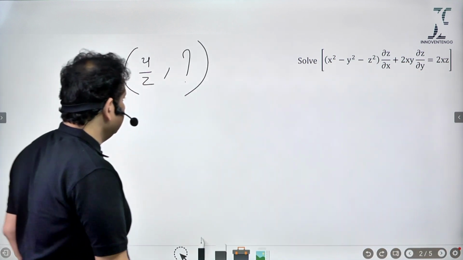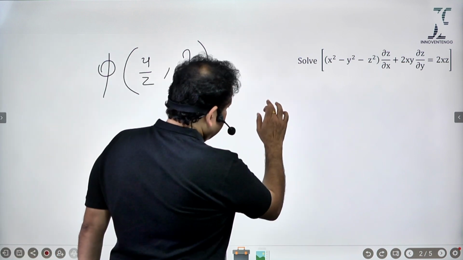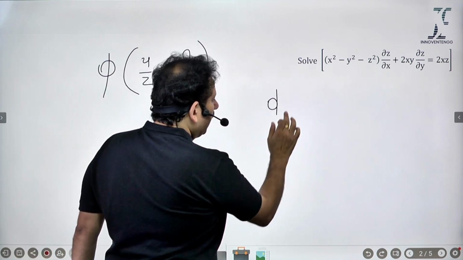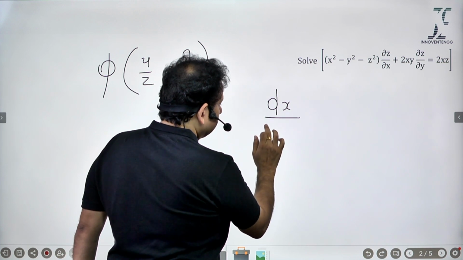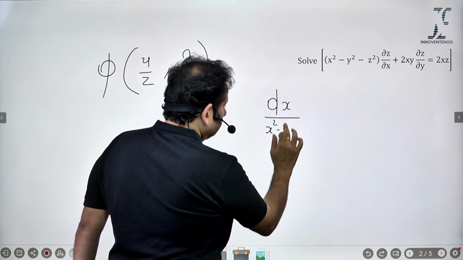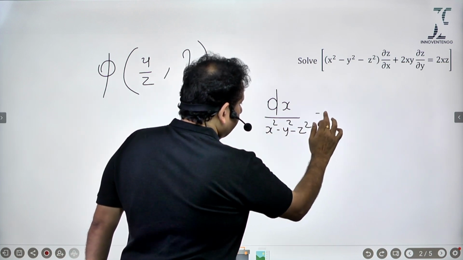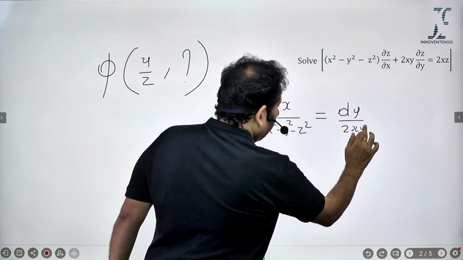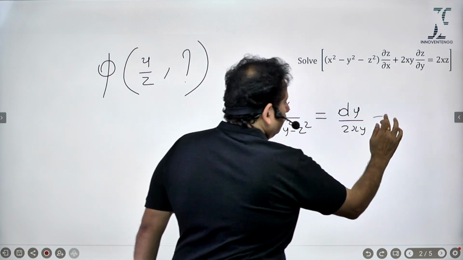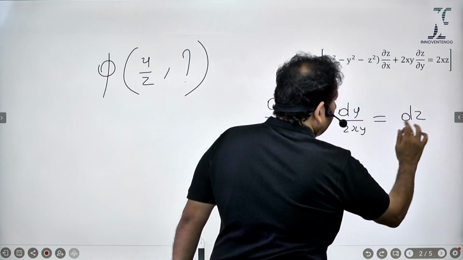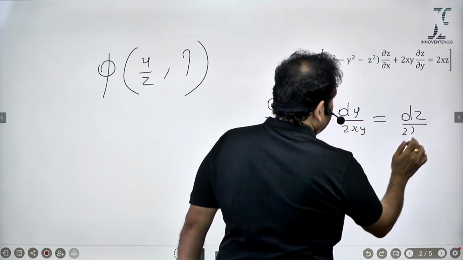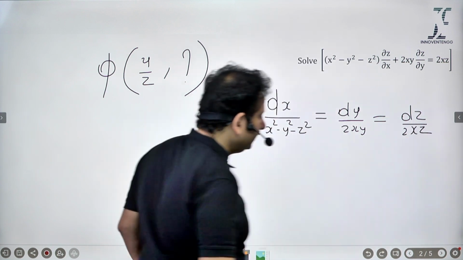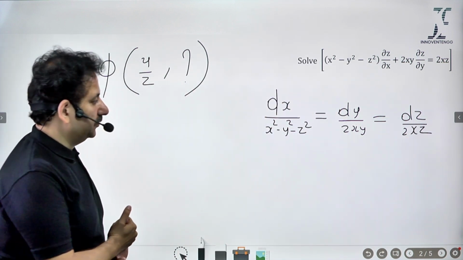How do you arrive at it? Again, look at the ratios rigorously. What you have here is dx by x square minus y square minus z square, that is equal to dy by 2xy, that's equal to dz by 2xz, right? So this is the standard set of ratios.